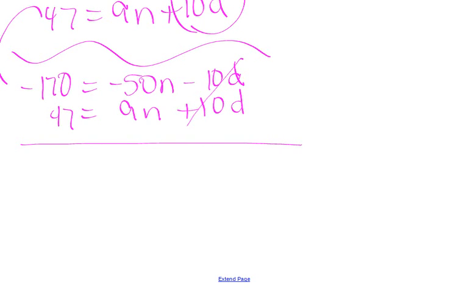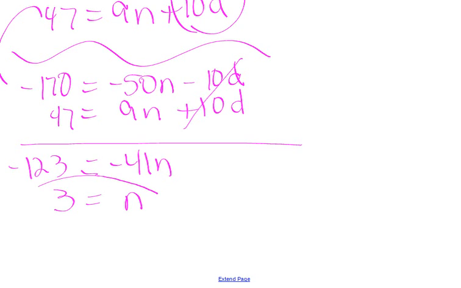Now, when I add these two, I'm going to get negative 41n equals negative 123. So when you divide each side by negative 41, I'm going to get that n is equal to 3.